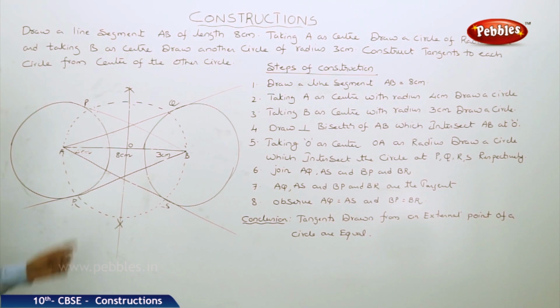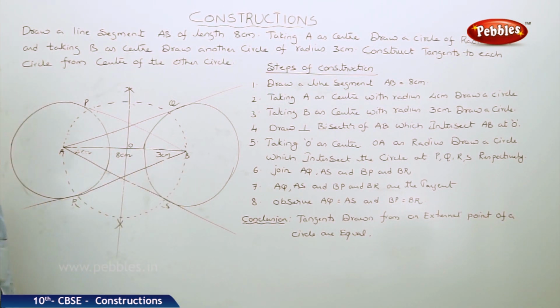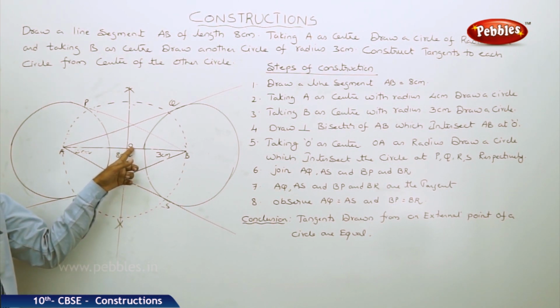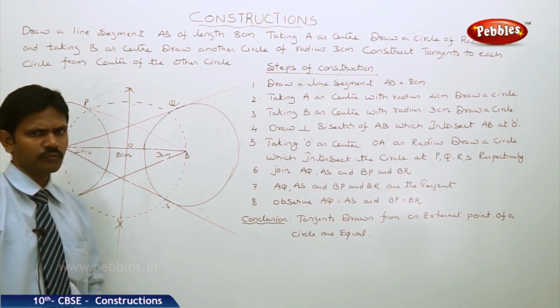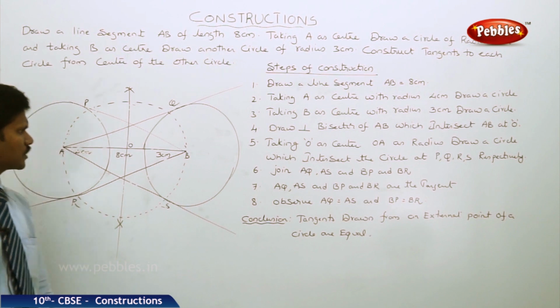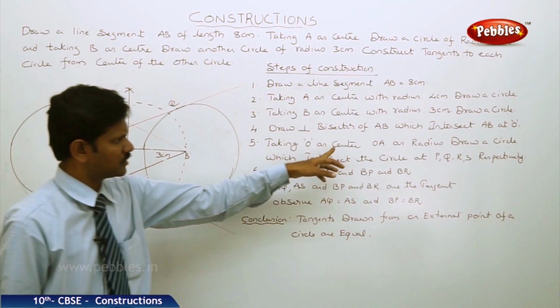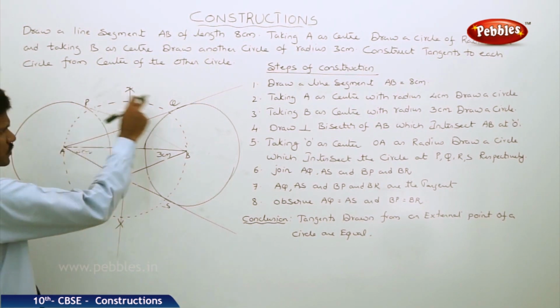Now draw the perpendicular bisector of AB, which touches AB at O. Now taking O as center, OA as radius, draw a circle.